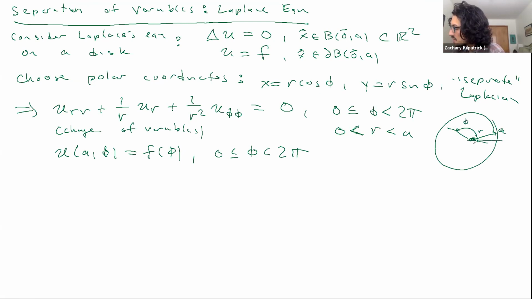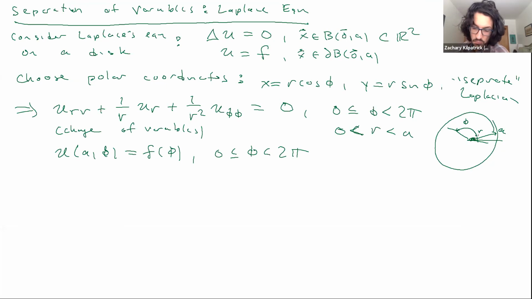It's going to come back around to here, and we need our solution on the interior to be continuous.